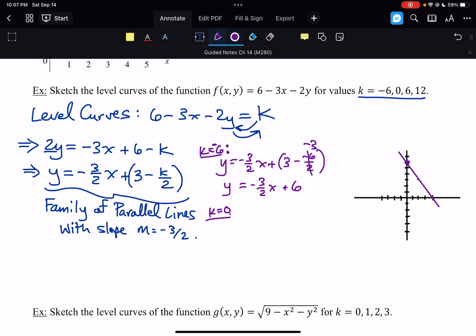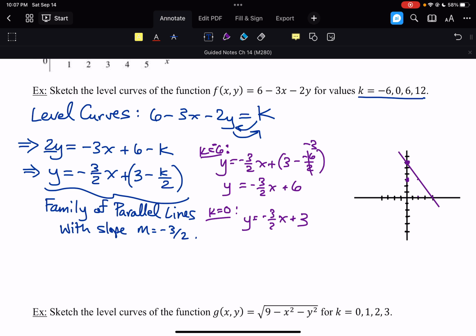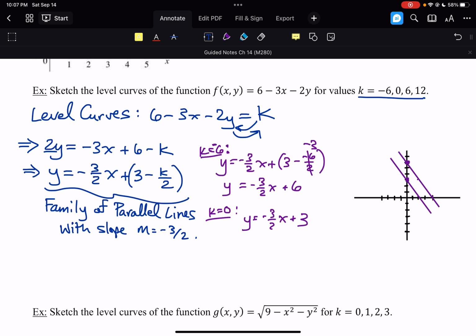Okay, so that was k equals negative 6. If we do k equals 0, y equals negative 3/2 x plus 3 minus 0, so just plus 3. So it's basically the same line, just shifted down 3 units. So we're going to have the same line, just shifted down 3 units.